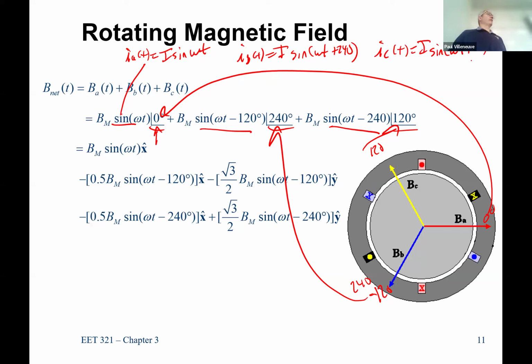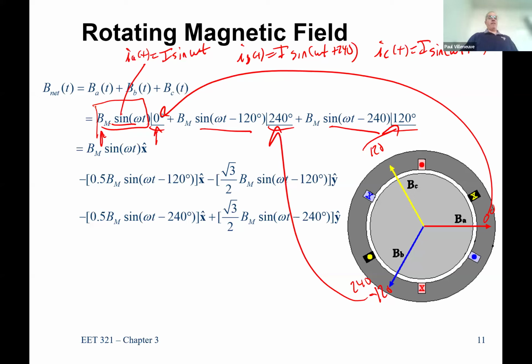The current flow going through those windings is going to impact the magnitude that you're going to get from your magnetic field. And if I can get some maximum current flow to give me a maximum magnetic field, then I can say, you know what? I'll just create that maximum magnetic field instead of writing it as current.